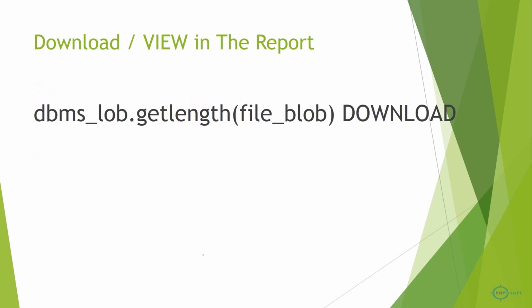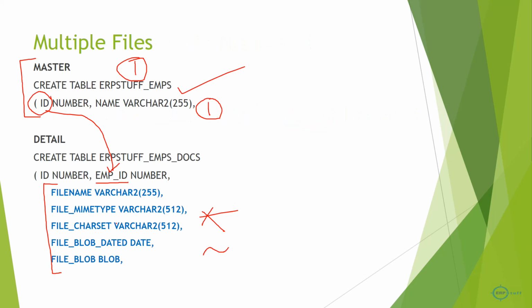Now the next point is how to view it or how to download it. If you just do a select star from that images table, it will give you an error. You will not be able to download. So what you will have to do, this is your file BLOB column, the type of BLOB.